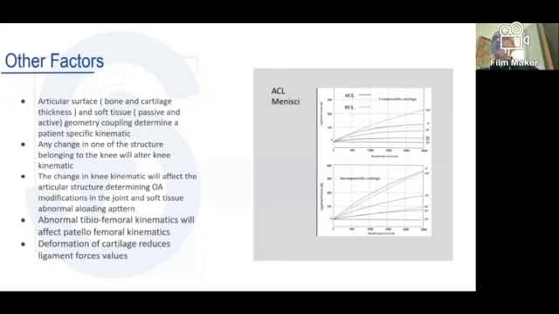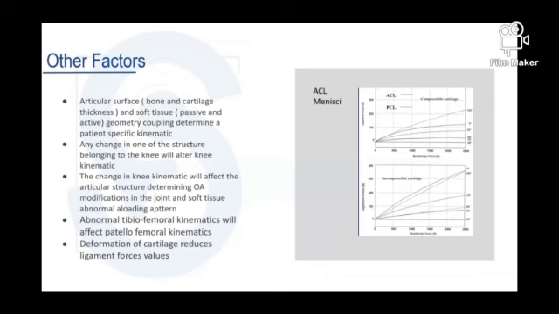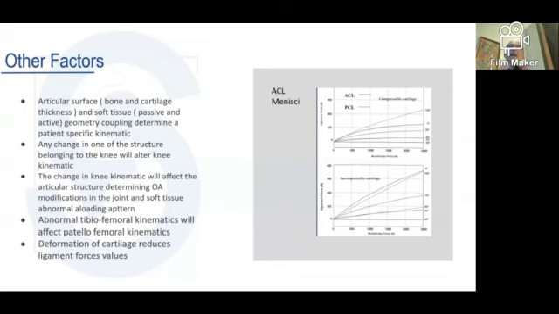Abnormal tibiofemoral kinematics will affect the patellofemoral kinematics, and then the deformation of cartilage, which reduces the force value. These are all elements which are integrated, and we have to take them into consideration when we think about how the knee is working and how the different elements should be taken into consideration in total knee arthroplasty and not only the bone.